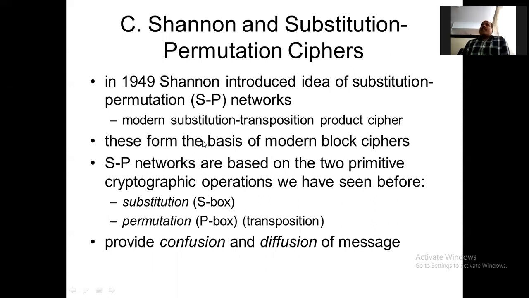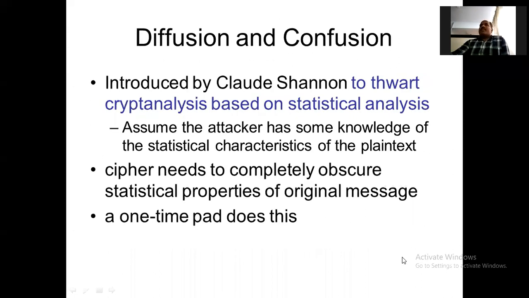Suppose the block size is 64 bits, then the number of permutations is 2 raised to 64. You can imagine how many bits that would be if I take the substitution S-box and the permutation P-box here. That's why this problem arises, called confusion and diffusion of a message.